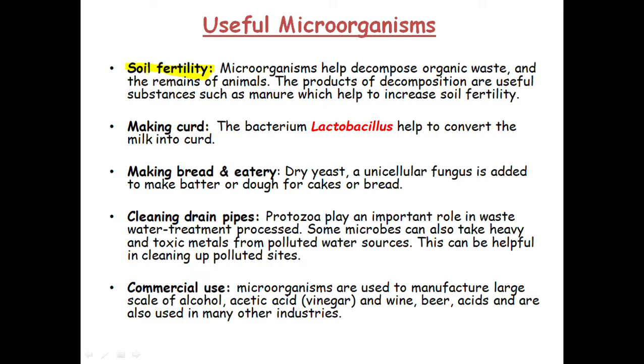They help to decompose it, and later whatever minerals are there in the rotten organic waste get mixed with the soil and make manure, which helps to increase the soil fertility.